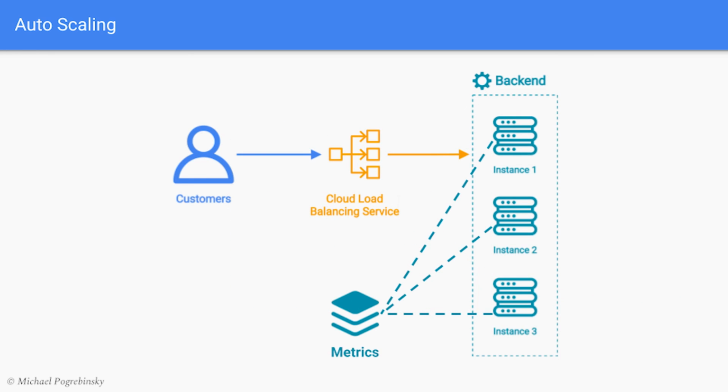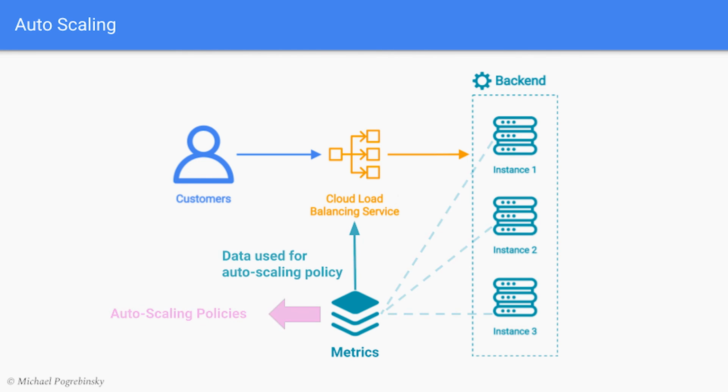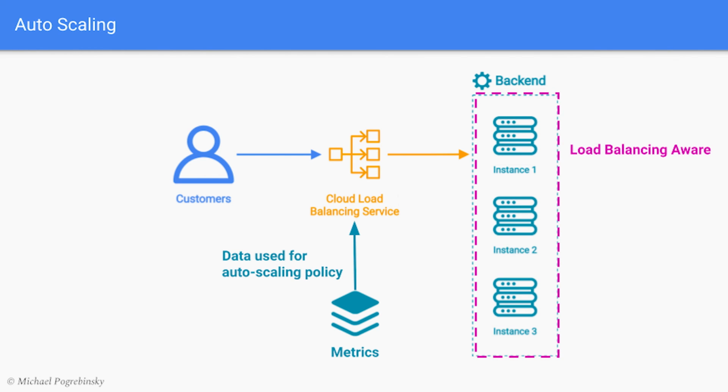Using this real-time data collected from each server, we can define auto-scaling policies to increase or decrease the number of servers dynamically based on those metrics. Now, additionally, all cloud vendors allow us to tie those auto-scaling policies to the load balancing service, so it is always aware of the size and addresses of the backend servers at any given moment.